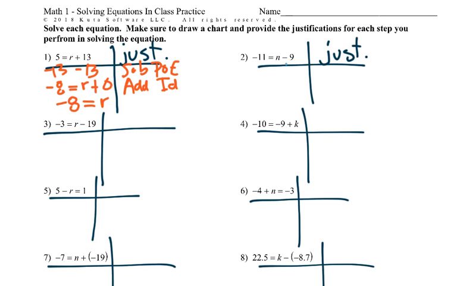So a lot of these first ones are just single steps, so you really only have the two justifications. Here we're going to add 9 to both sides, so I get negative 2 equals n plus 0. That was the addition property of equality, followed by the additive identity of 0, which allows me to just drop the 0 and get negative 2 equals n.